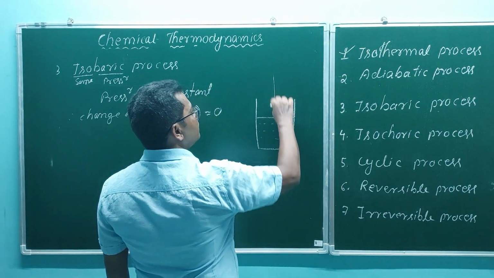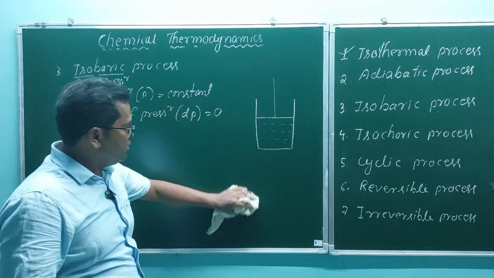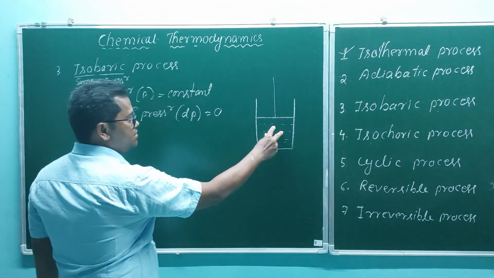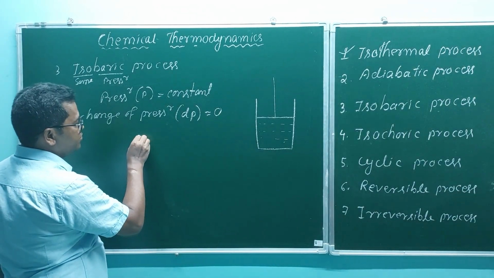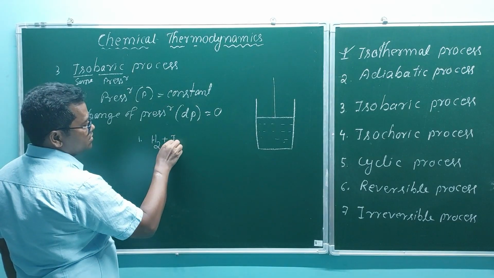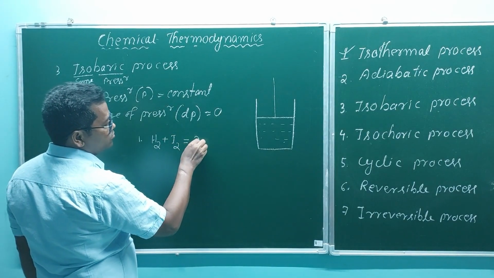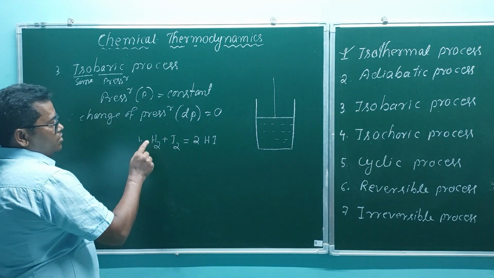This piston can move up and move down. Now see, suppose in this system this type of chemical reaction is going on: H2 plus I2 equal to 2HI.